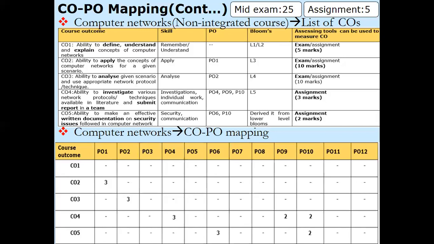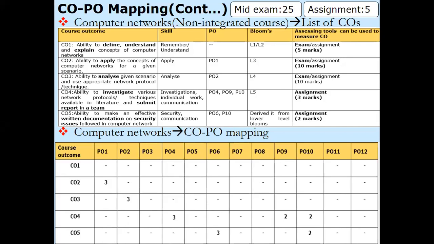If you are mapping a CO to PO6 or PO7, like security related, you can use it. But up to PO5, if you are not mapping anything, we will not use this CO while calculating the PO.